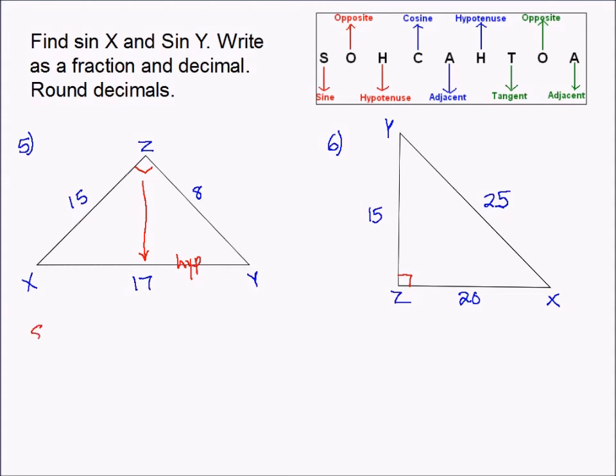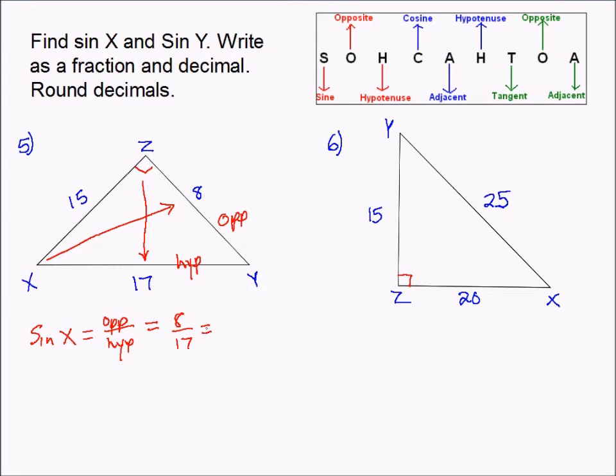So I'm going to have sine of x is equal to the opposite divided by the hypotenuse. So that's where that's coming from, opposite over hypotenuse. And so the opposite of angle x is right there. So we have the opposite, which is 8 over 17.